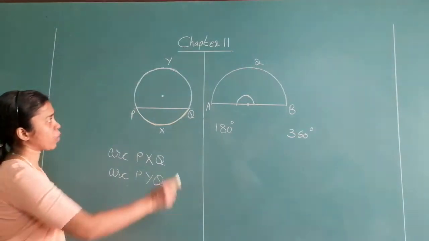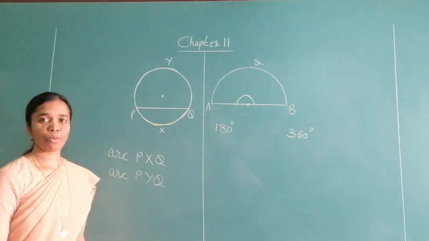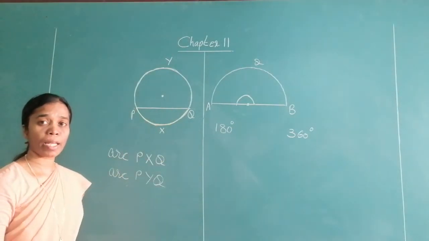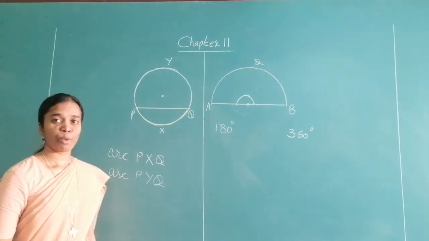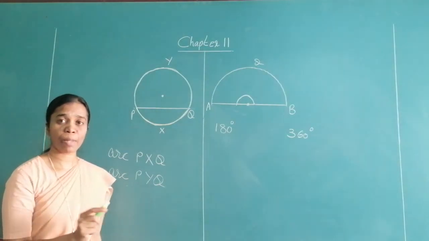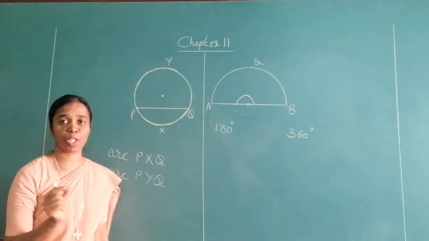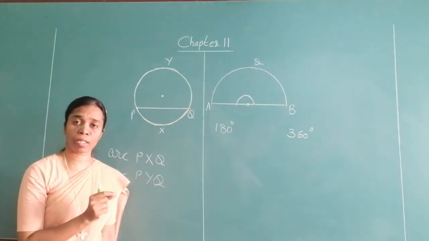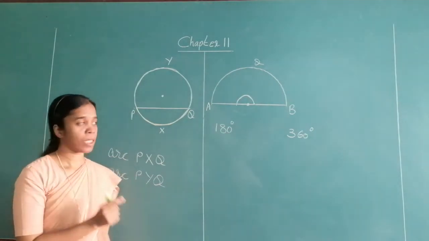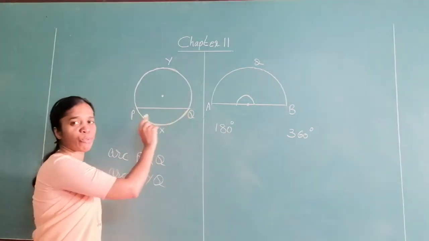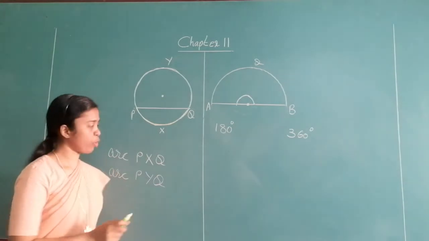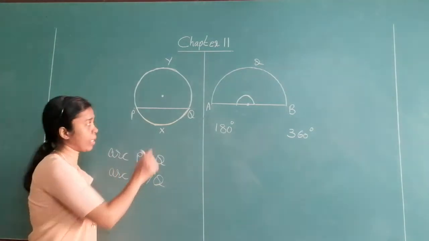Now, how do you calculate the measure of a minor arc and a major arc? Before going for that, we have something known as corresponding arcs. What do you mean by corresponding arcs? Corresponding means the end points of the minor arc and the major arc are the same.